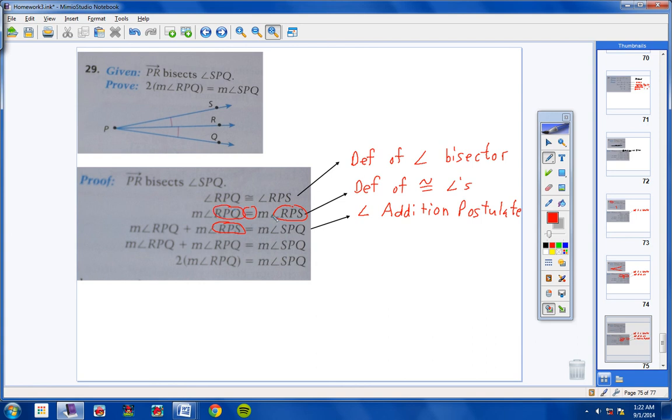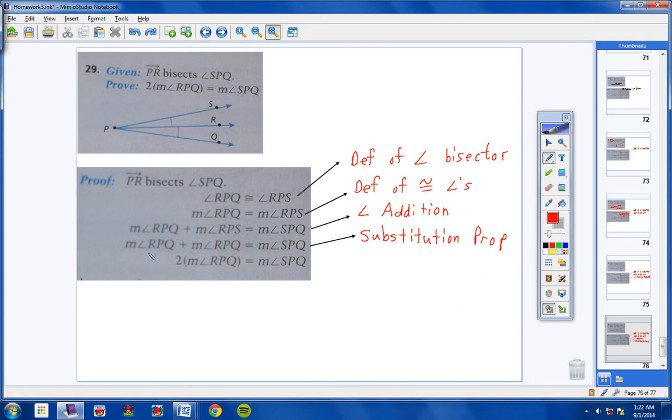Okay, RPS equals RPQ. So where RPS is, I can substitute RPQ, which is what I did. Okay, so the reason would be substitution. I can substitute RPQ for RPS. Okay, and now look what I have.